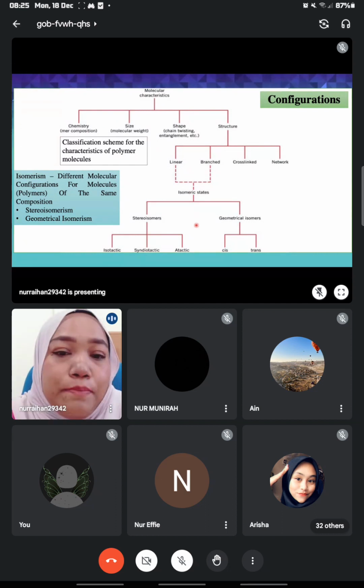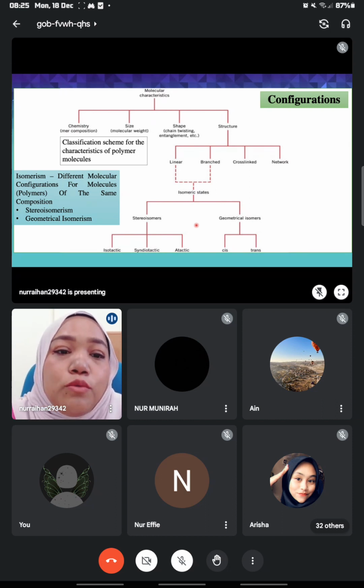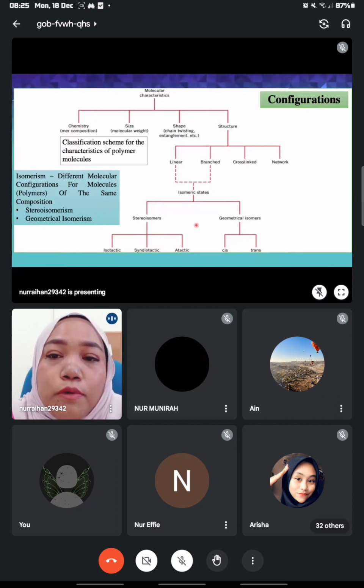But in certain polymers, let's say polyethylene and so on, you can mention their configuration, but in terms of the repeating unit, we know that in polyethylene the repeating unit is the same to each other. So you cannot find whether they are isotactic, syndiotactic or atactic.